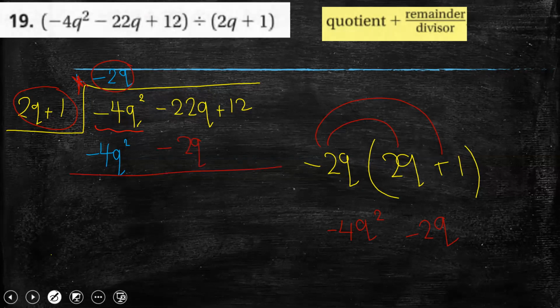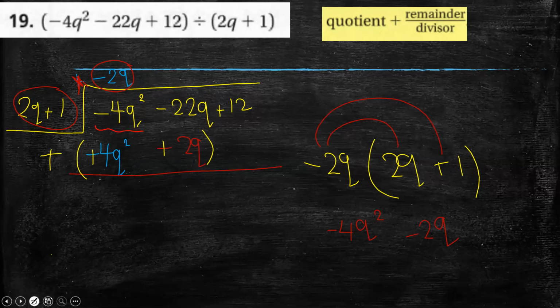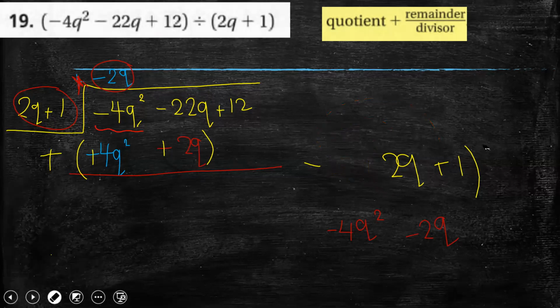As we know before, in the division, you have to subtract. Since you subtract, that means you have to change the sign of each term. So subtract is like having a power, it will change the sign of each term. Then you have to add.